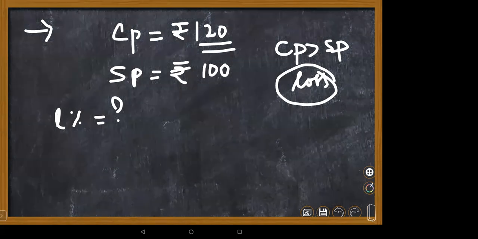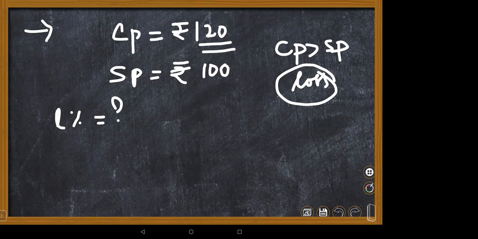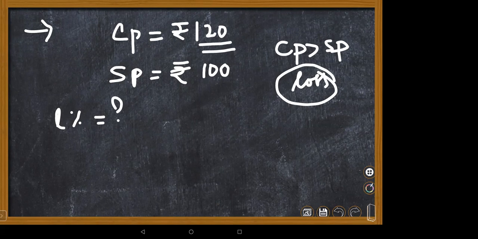Then the answer is 50 by 3. Then we divide it and in mixed fraction we get 16 2 by 3. Wonderful. Children, do you understand? Ma'am, I did it in the same way. You are taking SP, you are not taking CP in the denominator. That's why you are getting a different answer.